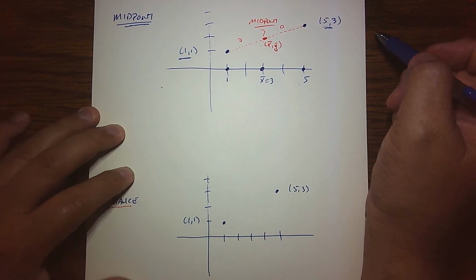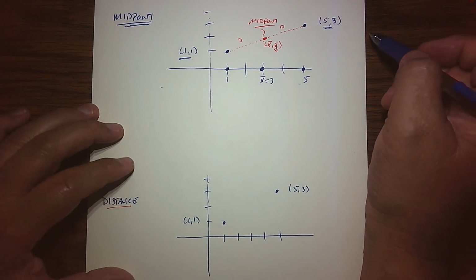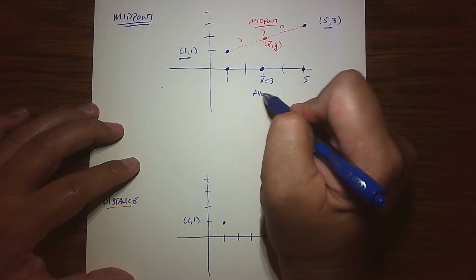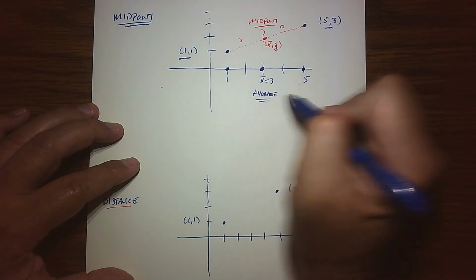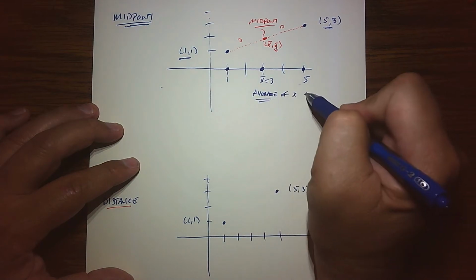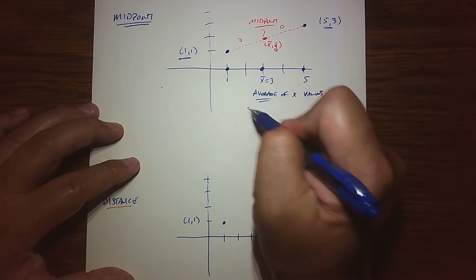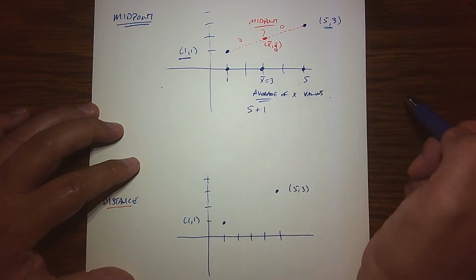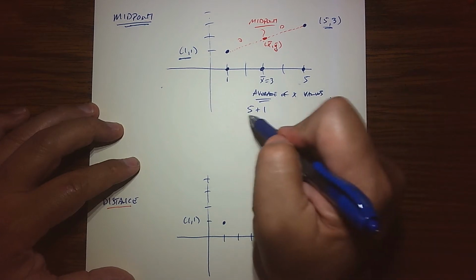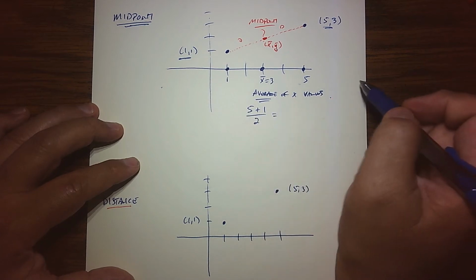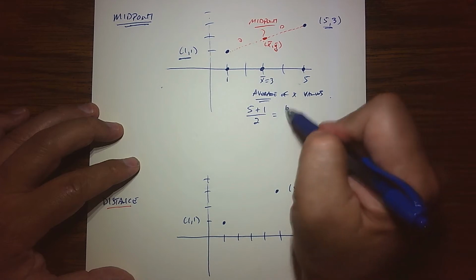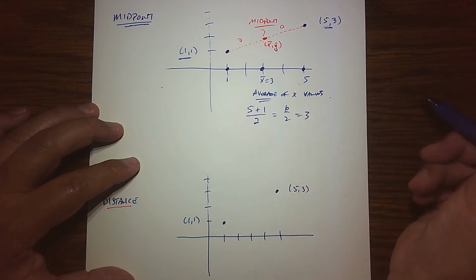So how do we find that using a formula? Well, essentially, it's an average of my x values. To find any average, we take the x values that I have, 5 and 1, add them up, and then divide by the number of items we're adding, which is 2. So we get 6 over 2, and we get 3.